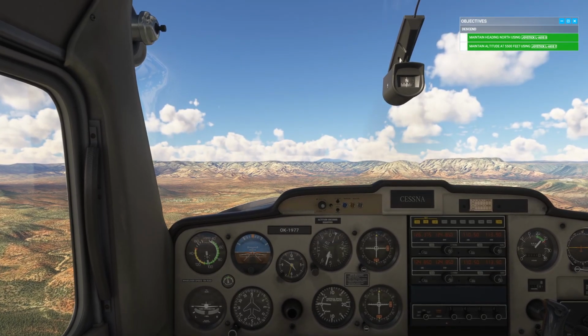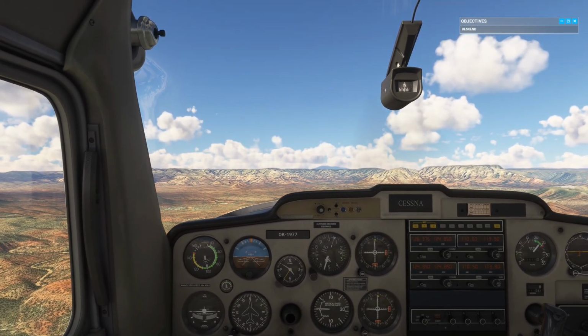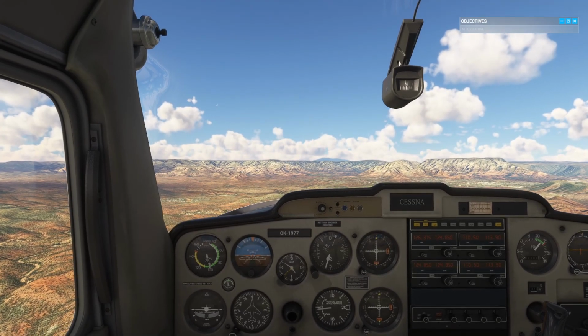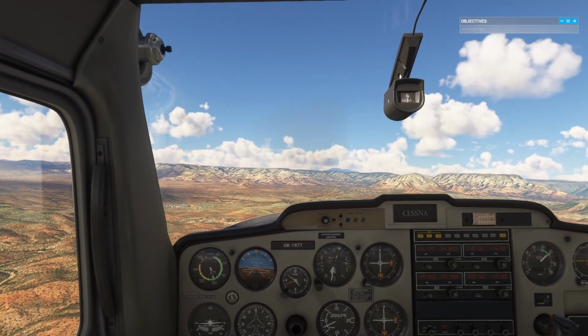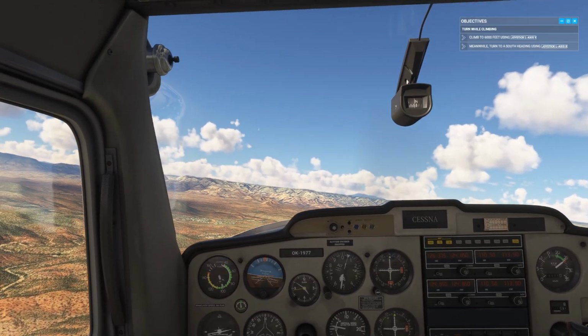Good. Now climb to 6,000 feet and turn to a south heading. On the Cessna 152, you need full power to climb effectively.